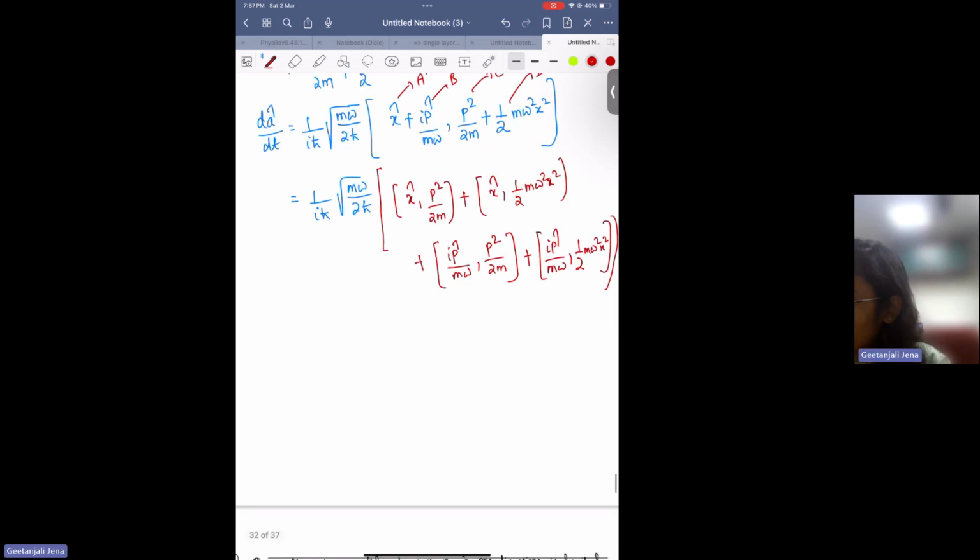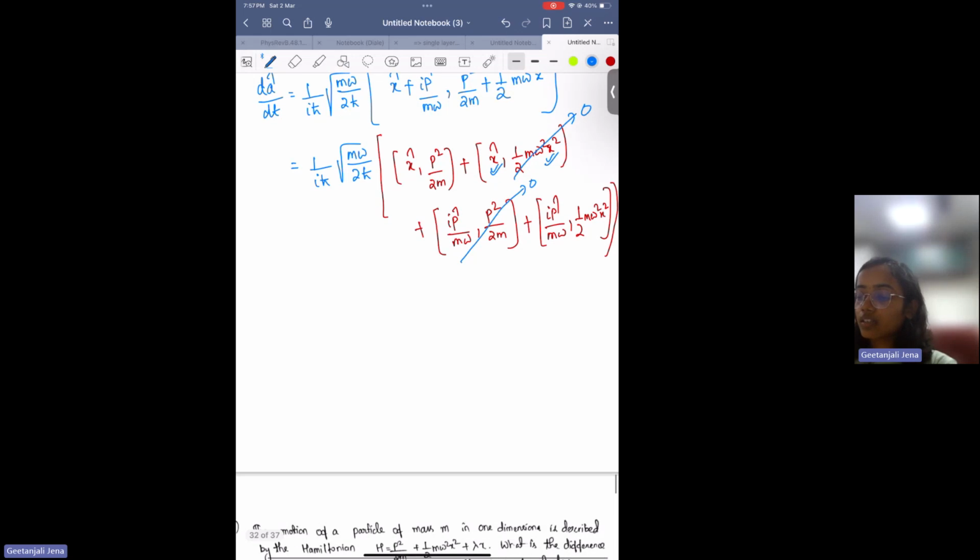So there are a total of 4 terms. Now some of the terms are 0, because here the operator is x and here also x, so this term is 0, and this one has operators p and p, so this is also 0. So only 2 non-zero terms are there.